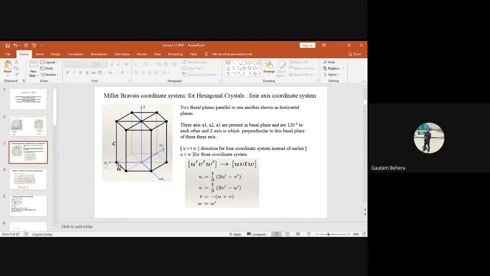This is A. Same, this is A, this is A, this is A. All are the same. But the thing is, the vertical one is C. We always try to find out the C by A ratio. Maybe we'll solve that in the coming lecture. So the C axis is somewhat bigger compared to A, right?